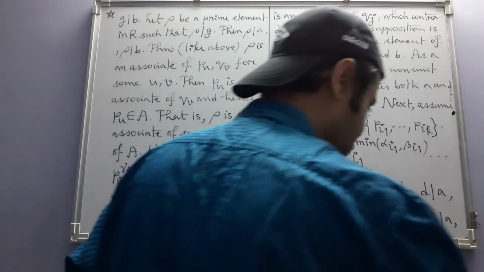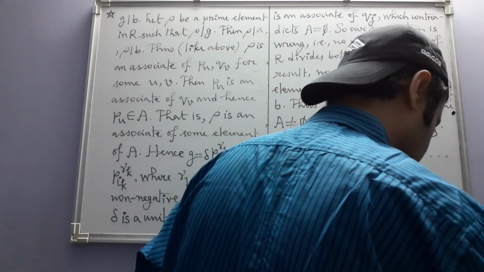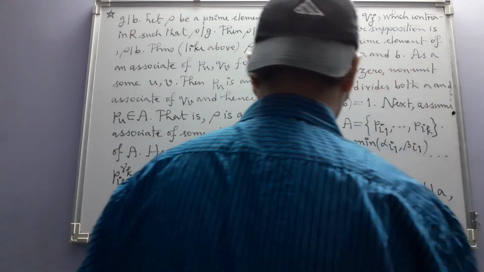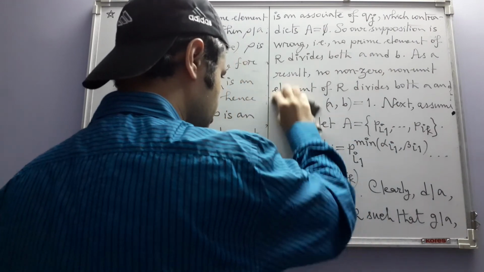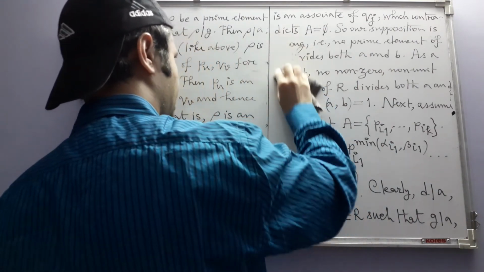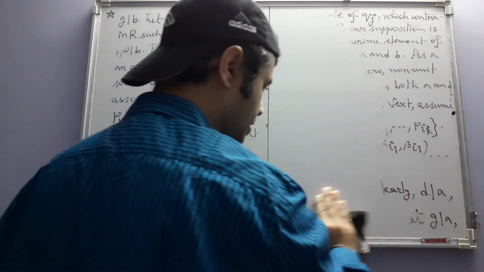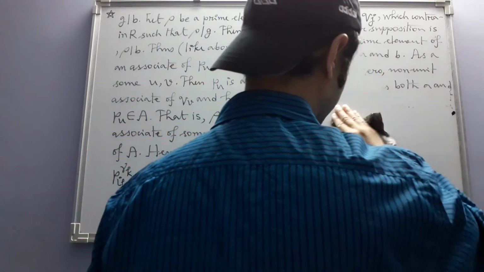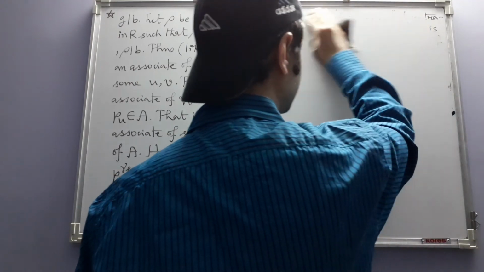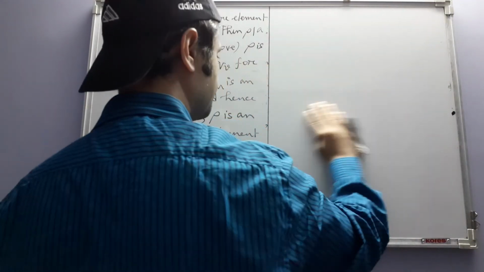Suppose... note carefully that at every step we have only used the fact that the ring is a unique factorization domain. We have not used anything other than that.